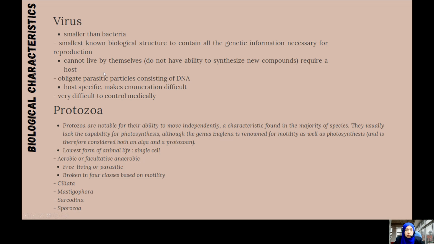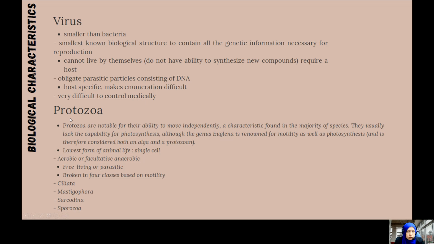Virus cannot live by itself, but requires a host. The most important thing, as we know, is that virus is difficult to control medically.